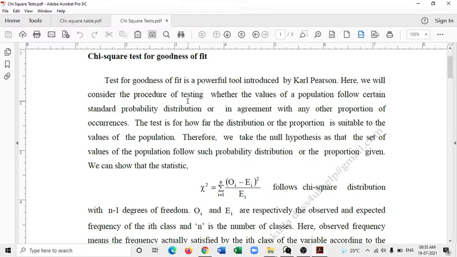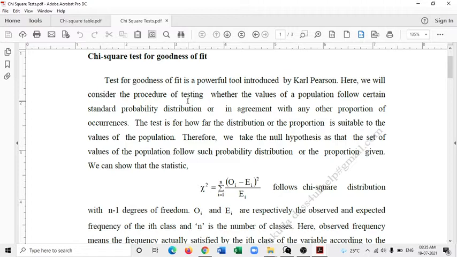The observed frequencies are the frequencies we directly get from the field. That is, after conducting the survey, we get the frequency of each class, denoted by Oi. So O1, O2, etc., On are the frequencies of n classes.